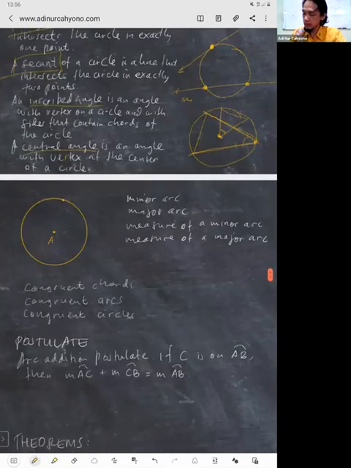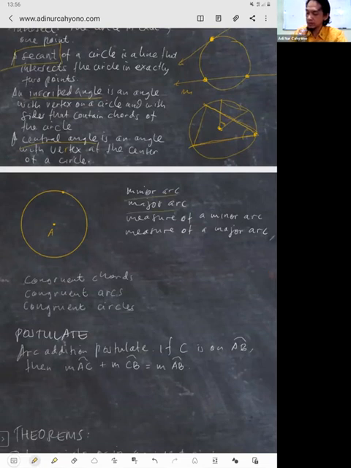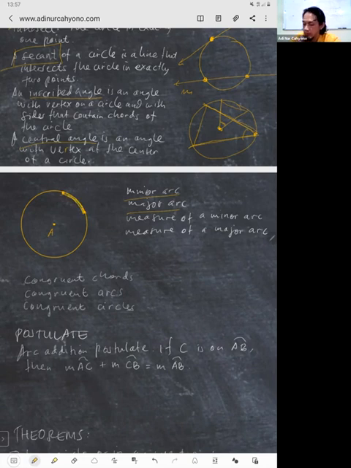Okay, and then we know the minor arcs and major arcs. Arc in Indonesian is busur. This is an arc when there are 2 points on a circle. So we can call this a minor arc, and this is a major arc.